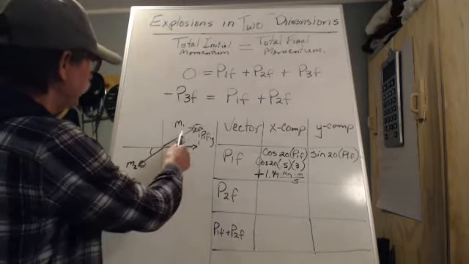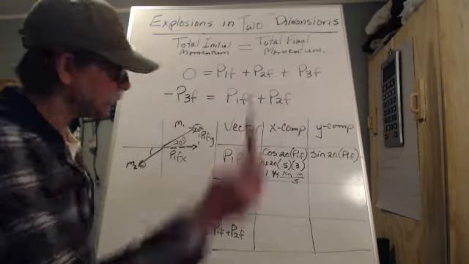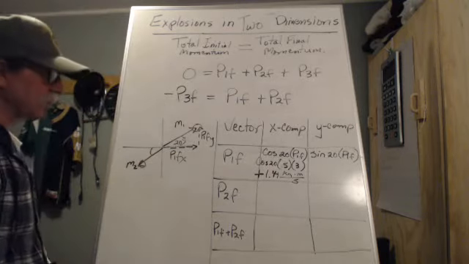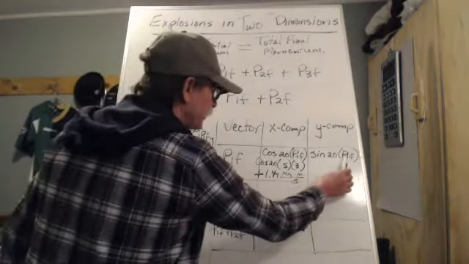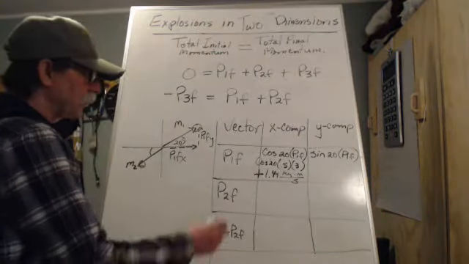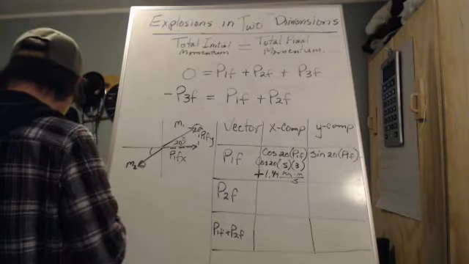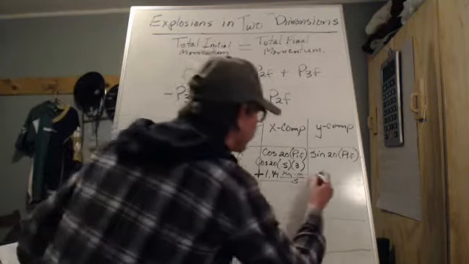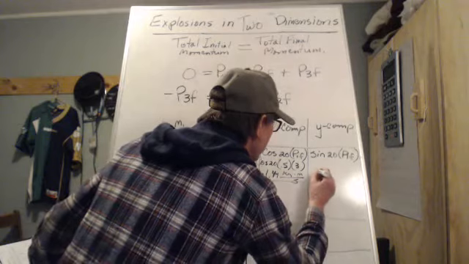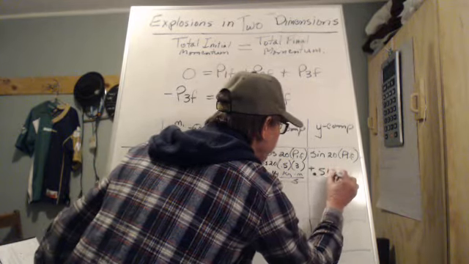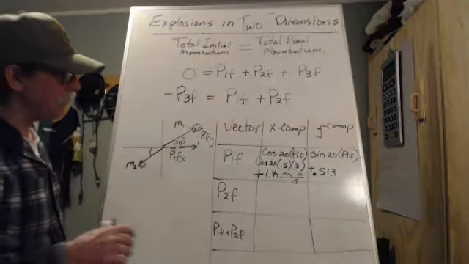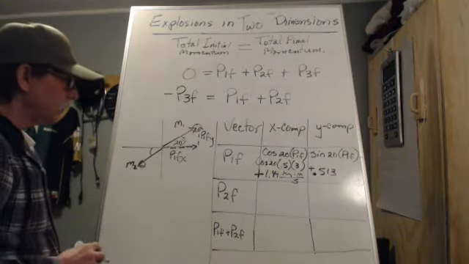It's 0.5 kilograms times 3 meters per second. And sine 20 times P1F is going to give us a value of positive 0.513. Now you might have to fill in the gaps for yourself, okay?